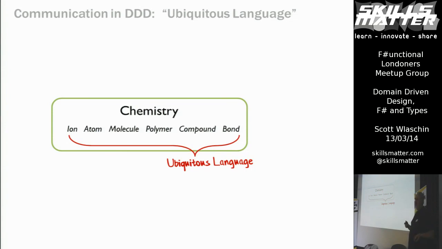One of the things as developers is we come in and we say, we're not going to call it a polymer, we're going to call it a linked list of molecules, because that's how it's represented in the code. And then immediately you start getting disconnect. The chemists say, what's a linked list of molecules? And we say, well, that's what it is. And they say, well, isn't that a polymer? And you get disconnect. So the idea of domain-driven design is you use the same words the domain is using. If you have a polymer, call it a polymer. Don't call it a linked list of molecules.